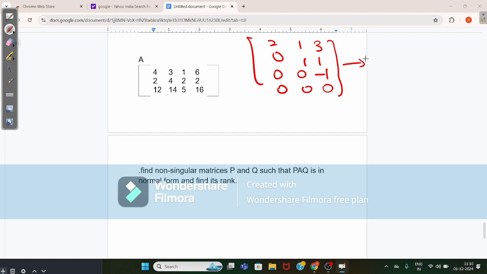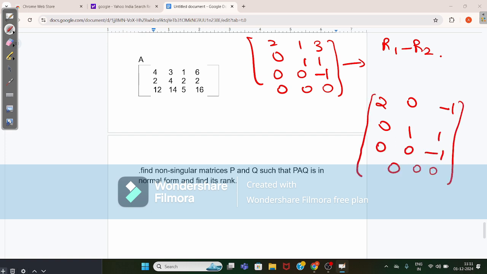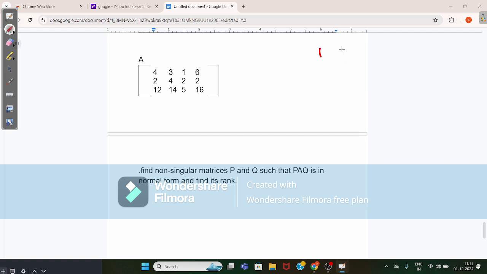From this, do R1 minus R2, which gives 2 0 minus 1, 0 1 1, 0 0 minus 1, 0 0 0. Now when you do R1 plus R3, you will get 1 0 0, 0 1 0, 0 0 minus 1, 0 0 0.